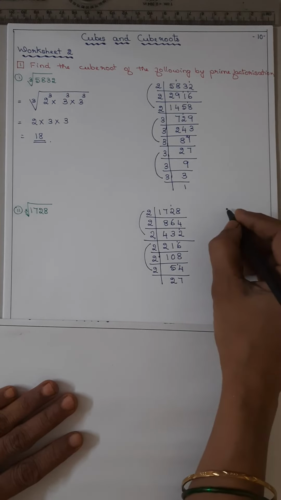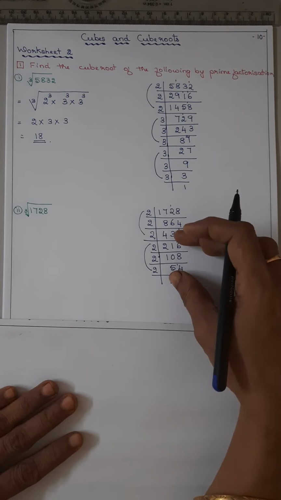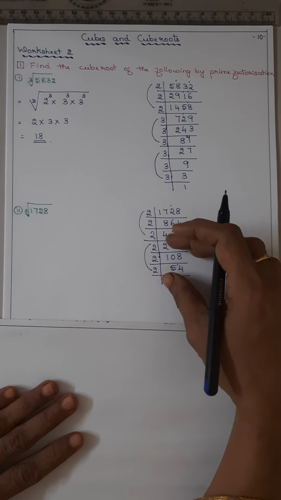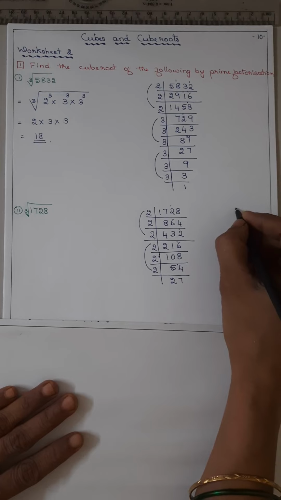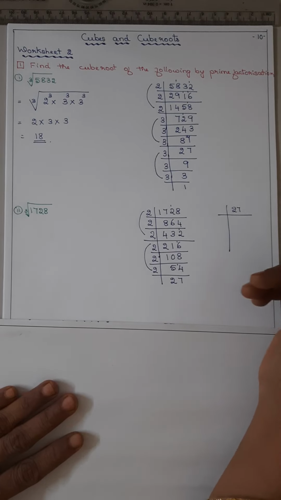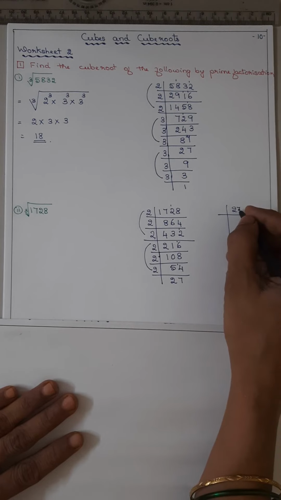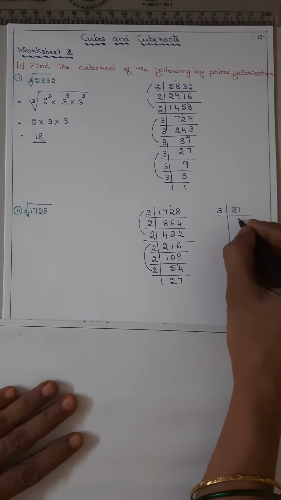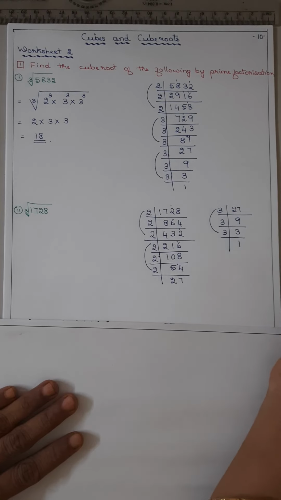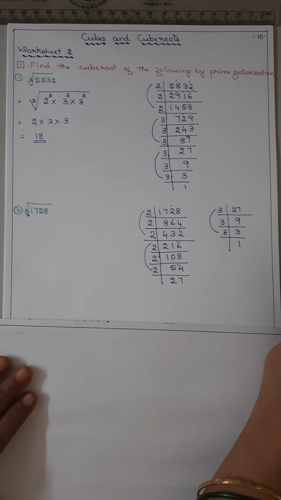This 27, you make groups of 3, triplets, and then the 27 you take to the right side. Now again you start. Now it is divisible by 3. 3 9s are 27, 3 3s are 9, 3 1s are 3. Understood?